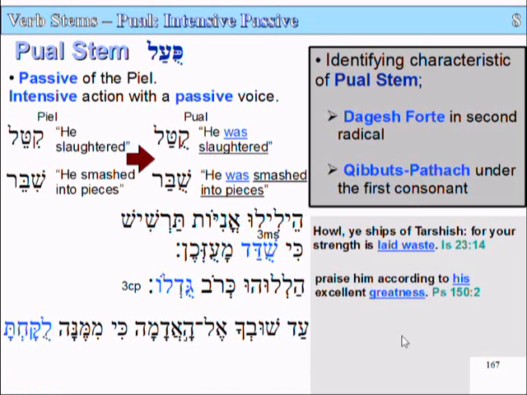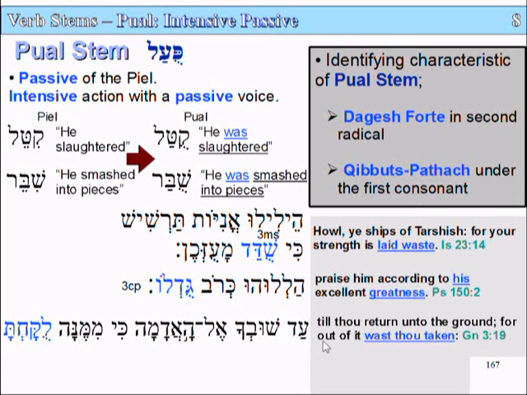Next example. Ad shuvkha el ha'adama ki mimena lukkachta. Till thou return unto the ground. Ad shuvkha, until you return. Ad shuvkha el ha'adama, to the adama, the ground.